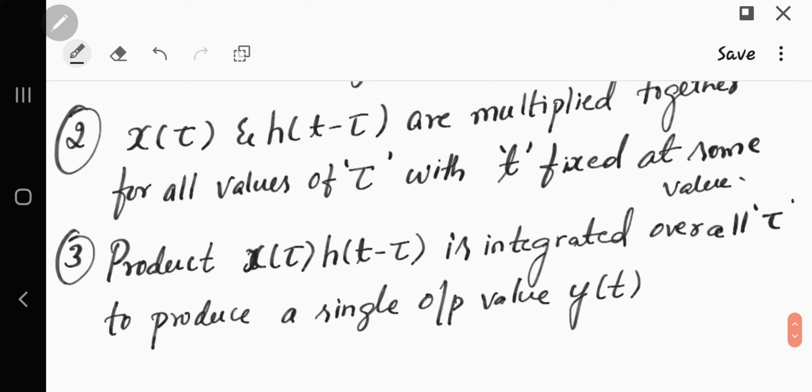That means whenever there is an overlapping region, that region is integrated with respect to tau, and that value is considered a single output value of y of t.